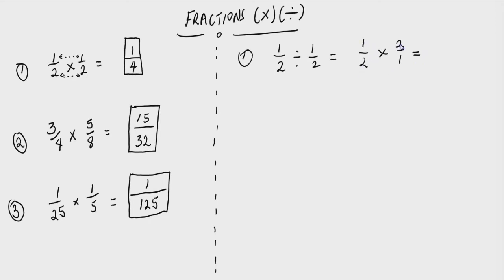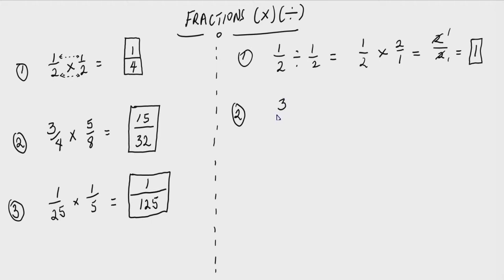You can multiply it or cross these out, but for those not familiar with this, I'm just going to multiply across as we did previously. So 1 times 2 in the numerator is 2, 2 times 1 in the denominator is 2. Now the final answer is 1 over 2.